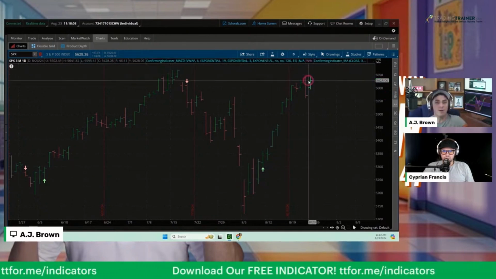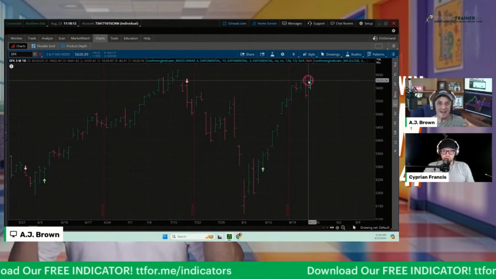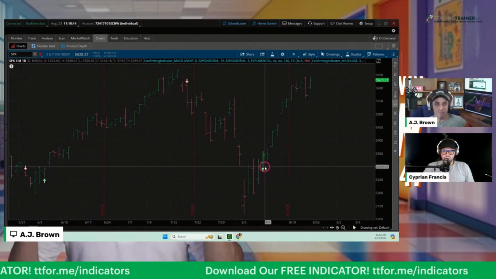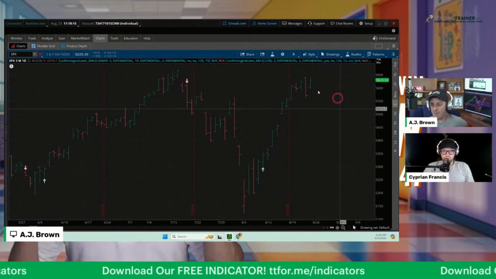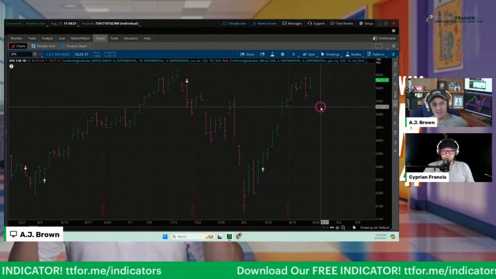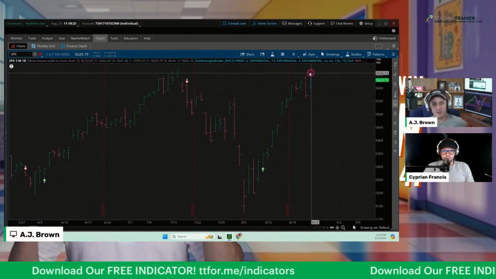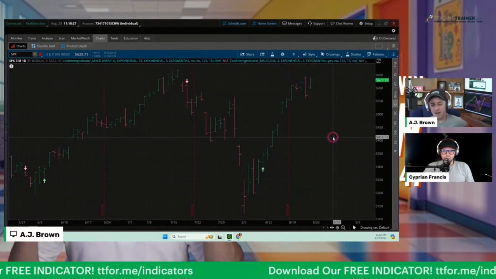I'll use those bar patterns as a sort of validation that my indicator really did find a top or a bottom. So I wouldn't be surprised if my indicator appears in the next couple of trading days and we look back and we're like, yep, that for sure is a top. We should start thinking about going down.